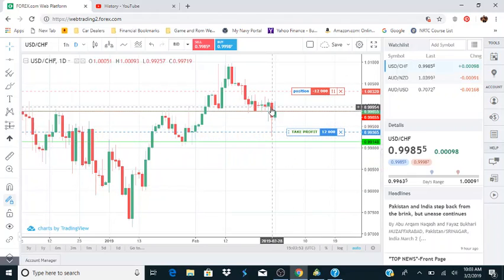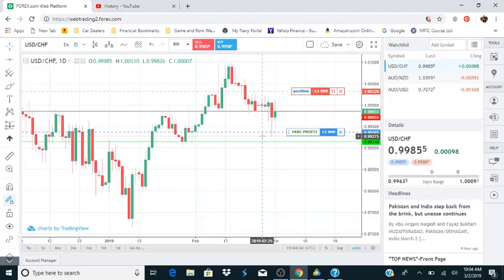Now you see this wick right here from this candle on the 28th. You would think, okay, Greg, why didn't you get out of this position and take your profit? Well, originally I did not have my take profit set at that point. My take profit was actually set where this green line is, the 0.99148 level. When this wick came down, it came down to maybe the 0.99275 range, so it did not go down far enough to take me out of the trade.